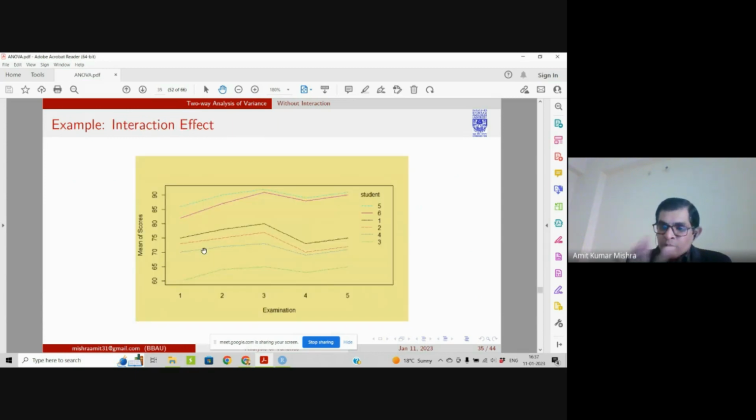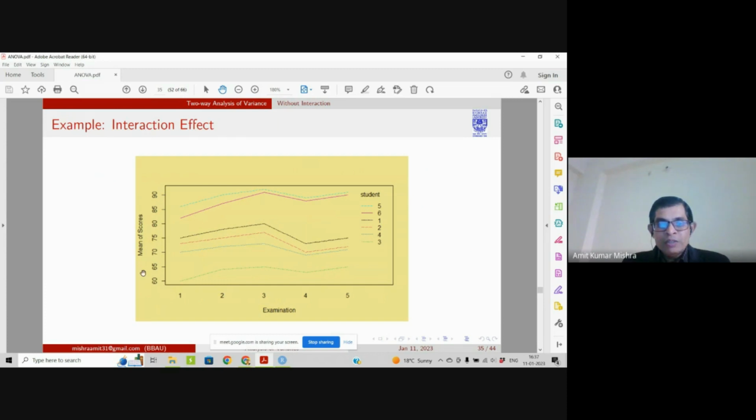Now, before performing this, we see whether there is an interaction between these two or not. So this plot, I will show you all these things in R. First, I'll explain here. We will plot this plot, which is called an interaction effect plot, or interaction plot. So what it actually shows you is, on the x-axis we have the main factor examination.